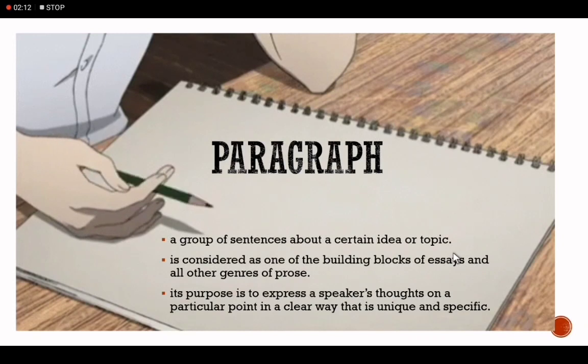It must be about a certain idea or topic. A paragraph is also considered as one of the building blocks of essays and all other genres of prose. And its purpose? To express a speaker's thoughts on a particular point in a clear way that is unique and specific.